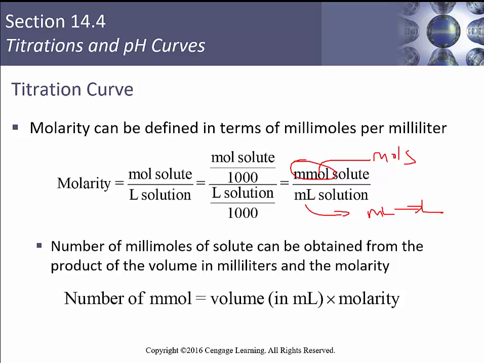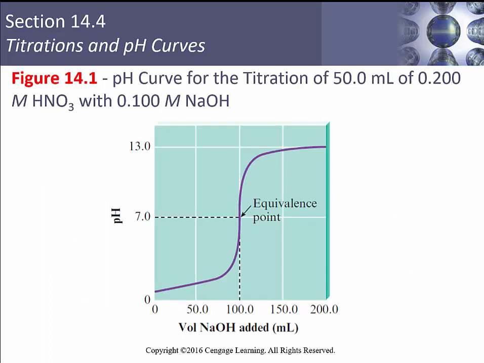This is what a titration curve is going to look like. This is a pH curve for the titration of 5 milliliters of 0.2 molar nitric acid with 0.1 molar sodium hydroxide. So our pH is going to go up as we add in more volume. Our burette is going to hold our sodium hydroxide.